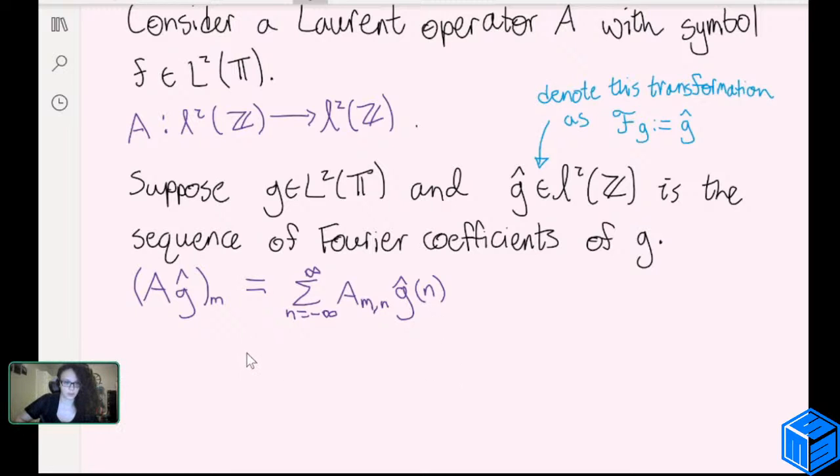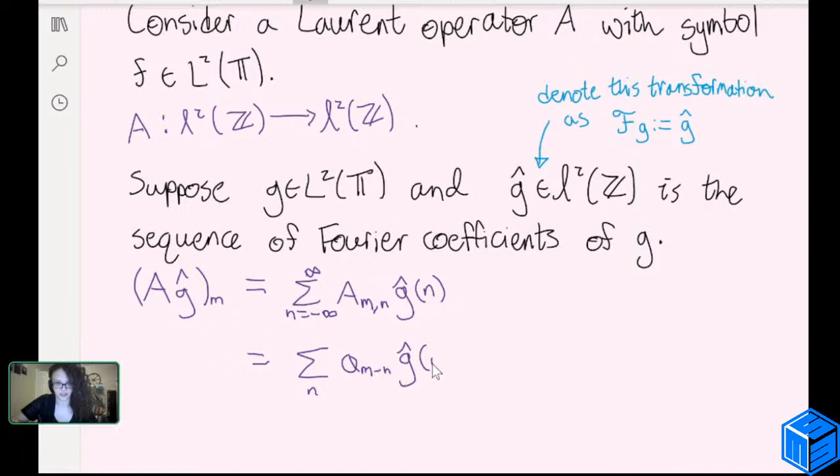And remember, we have this way to write the matrix or operator elements in terms of the row and column m, n. The entry is equal to little a of m minus n.